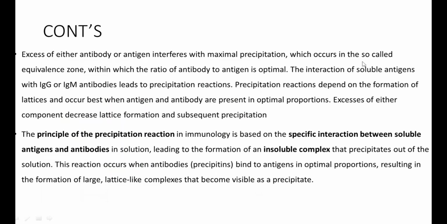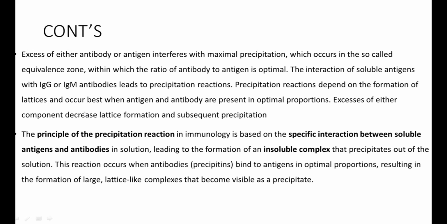The interaction of the soluble antigen with the antibody, either IgM or IgG, can lead to the precipitation reaction. That precipitation reaction depends on the formation of the lattice, and it occurs best when the antigen and antibody are in optimal or equal proportion.